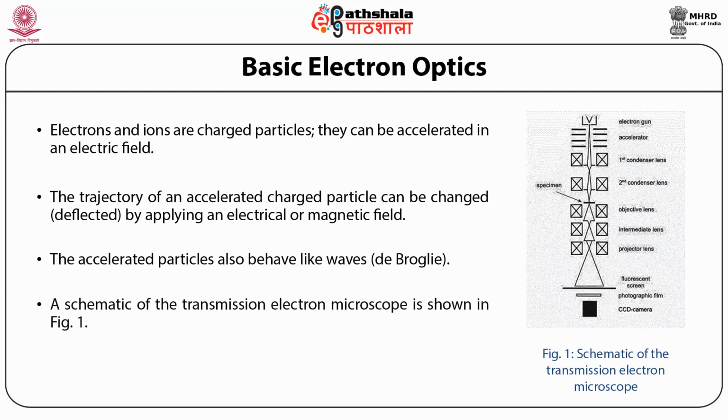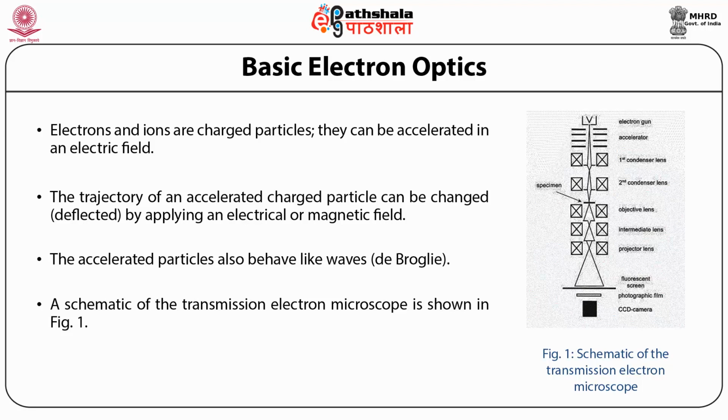A schematic of the transmission electron microscope is shown in figure 1. It shows the electron gun, the accelerators, the first condenser lens, and after that the second condenser lens. After this arrangement, the specimen is placed.